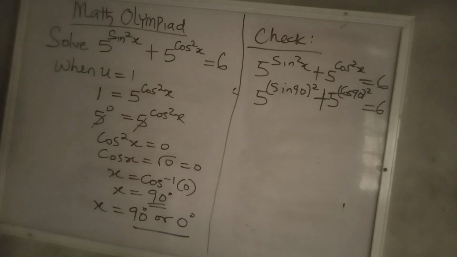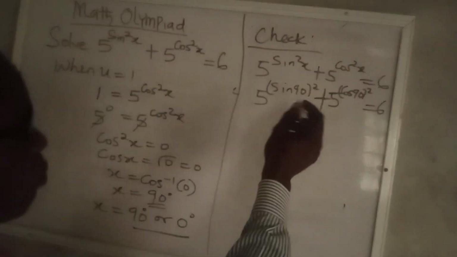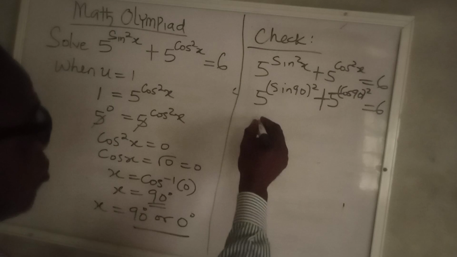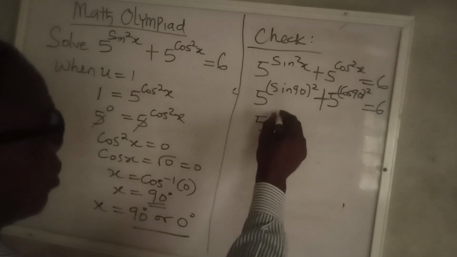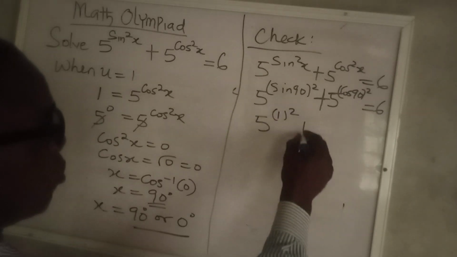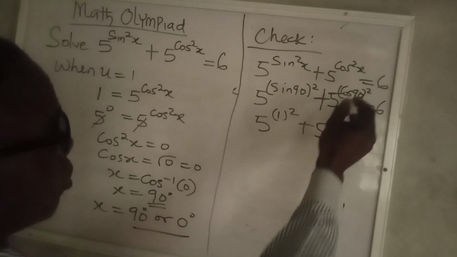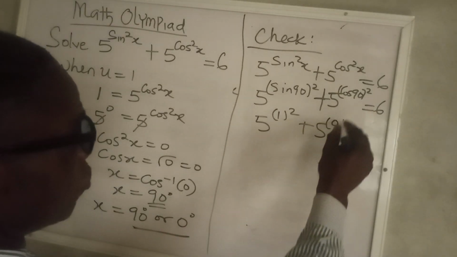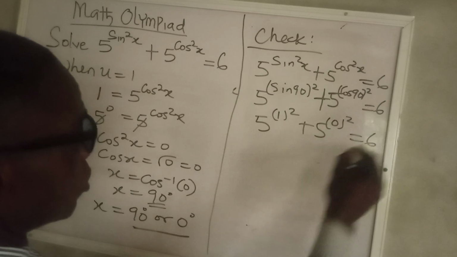So we have that sine 90, if you find it from the four-figure table, is 1. So we have 5 raised to power 1 squared plus 5 to the power cos 90, which is 0, squared, equals 6.